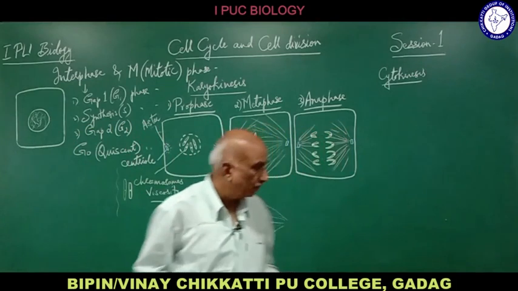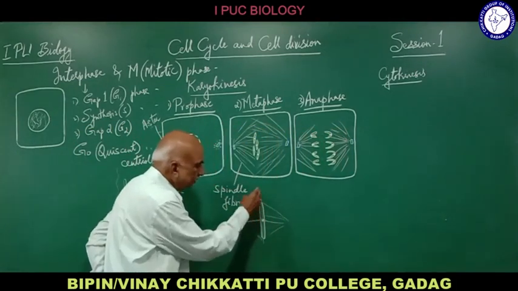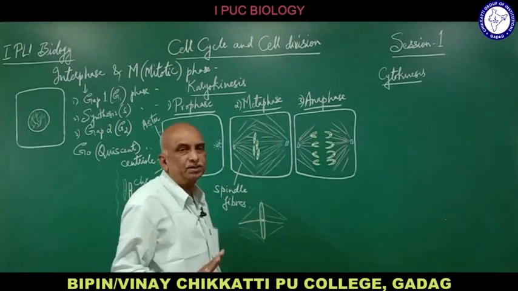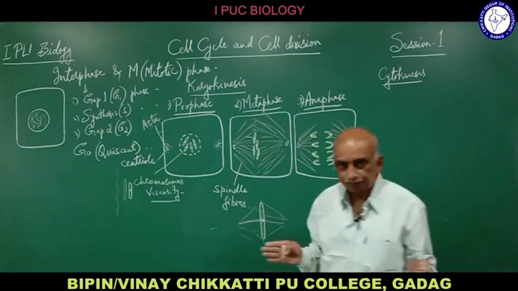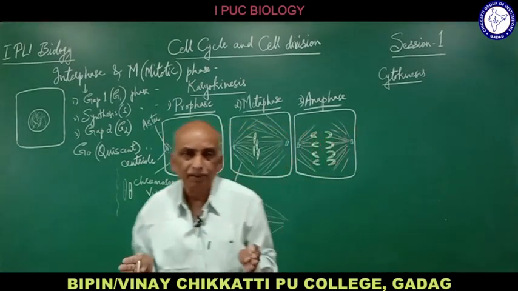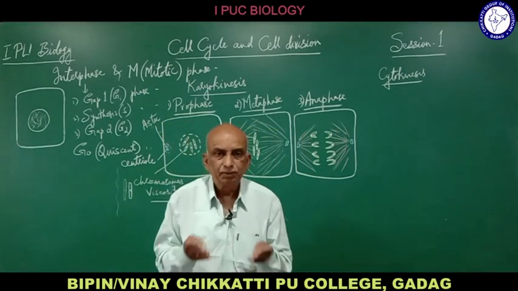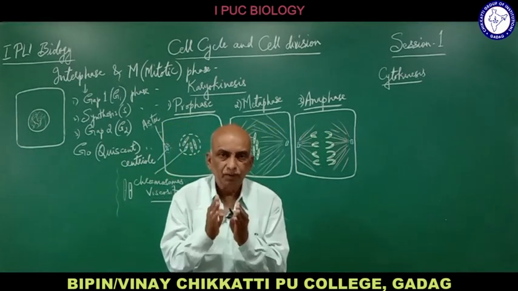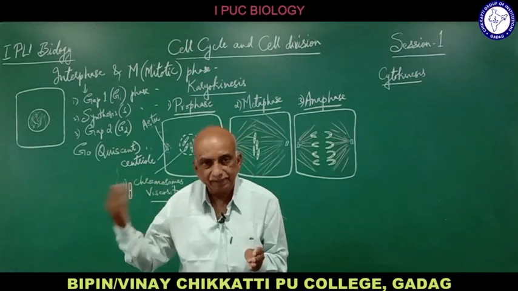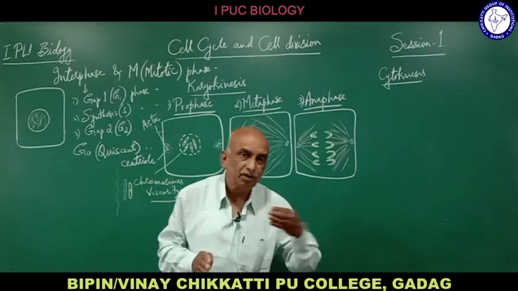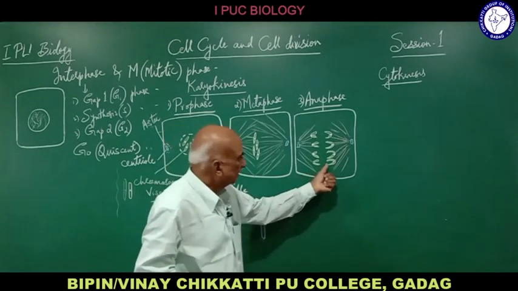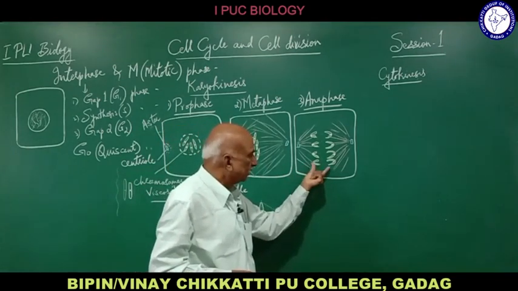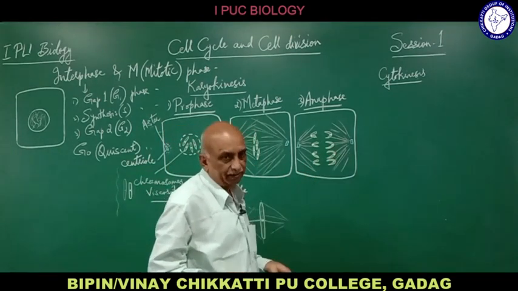Each chromatid will split, and the centromere also will split. After the splitting, the chromosomes become double in number. Out of each chromosome, one half will move towards one pole, the other half towards the opposite pole. This and this was one chromosome. It has split and is moving in opposite directions.